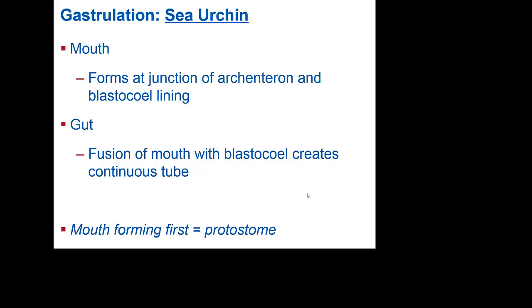So, as I mentioned, this mouth forming first, and the gut tube moving its way through. In our sea urchin, when the mouth forms first, there's our protostome term. In a sea urchin, this is what occurs. In other organisms, we would see different structures, the anus forming first to form you and starfish.